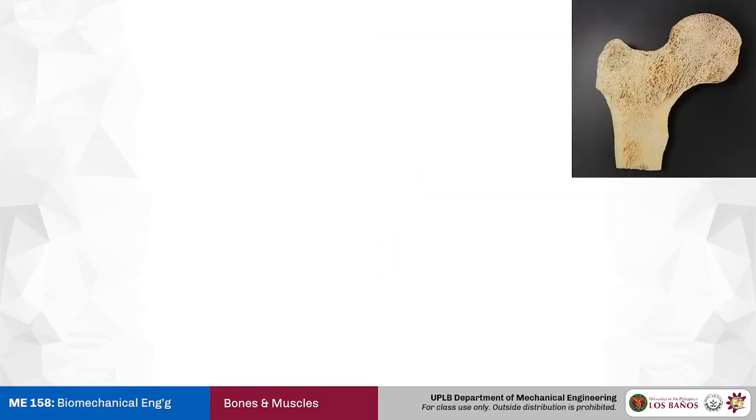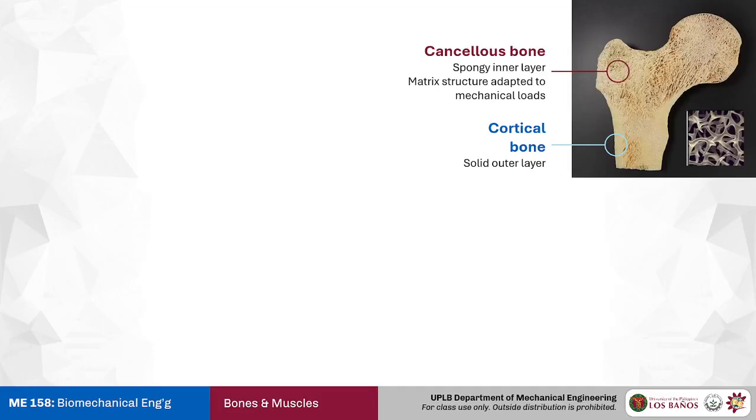Here in this image, we have the proximal end of a human femur. This is the acetabulum that connects to our pelvis. I don't want to draw food examples, but you can clearly see two regions. In this part of the bone, you have the solid outer part, which is the cortical bone, and you have this sort of fibrous mass in the middle.